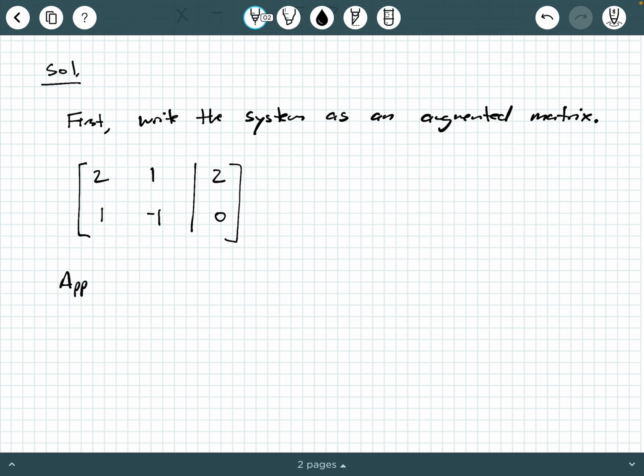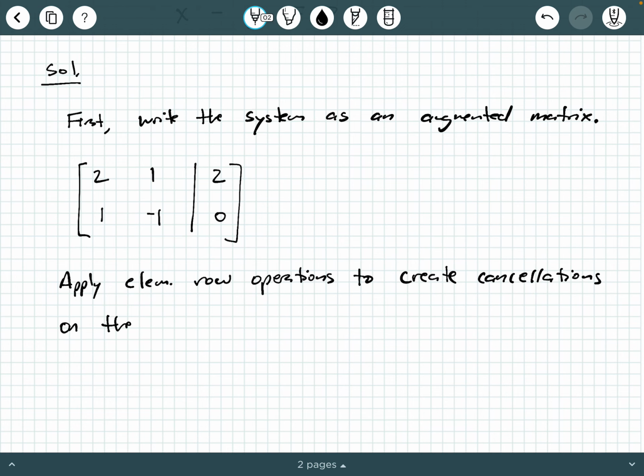Now, the next thing we want to do is apply elementary row operations to create cancellations on the right side of the partition line.